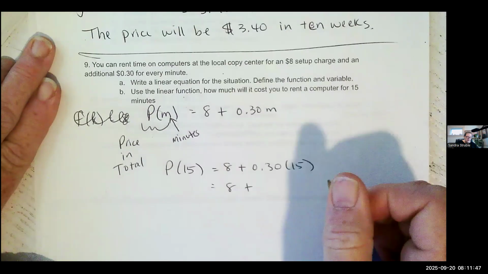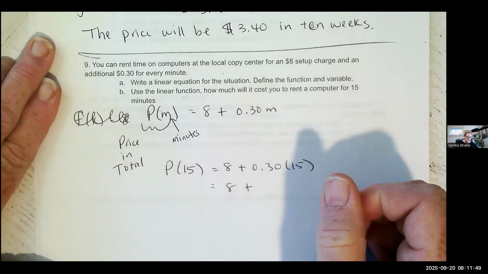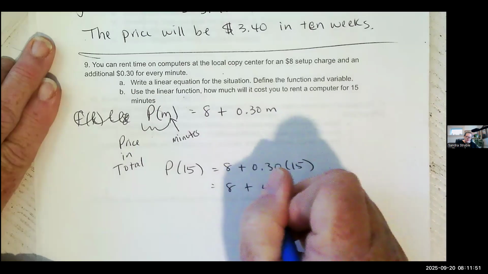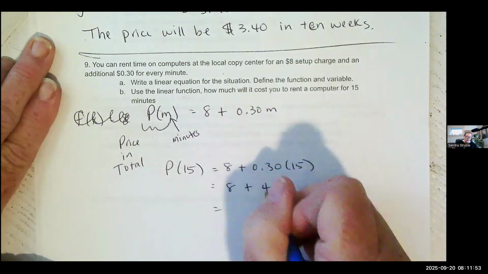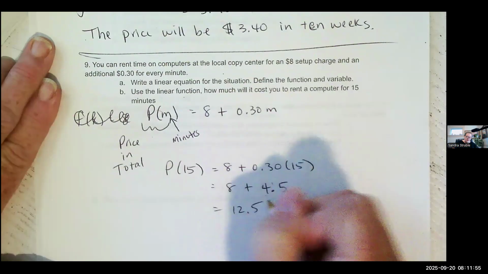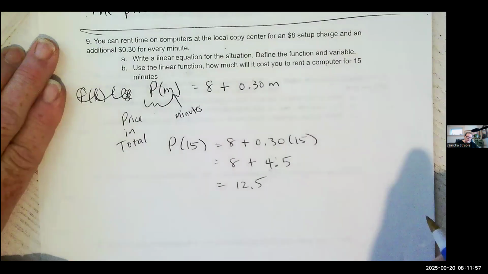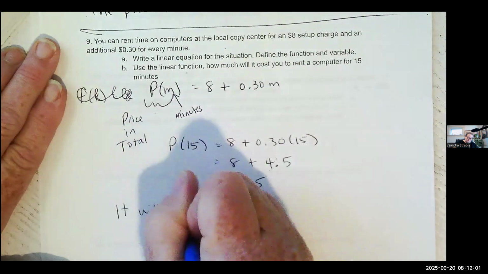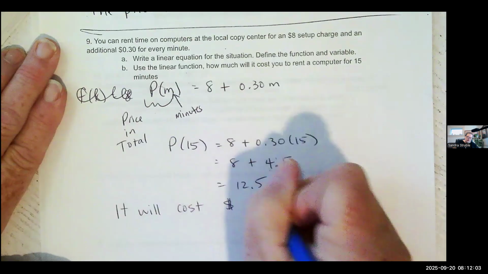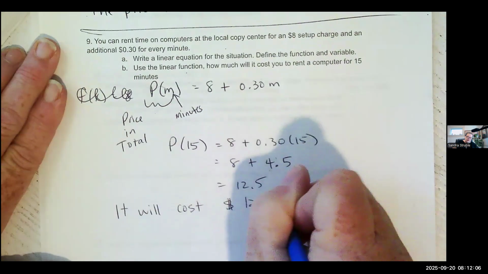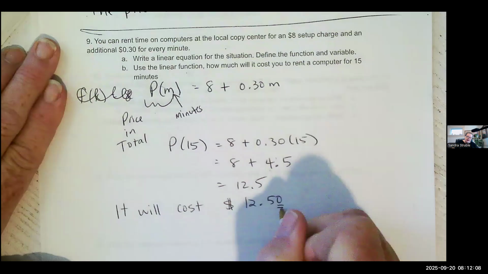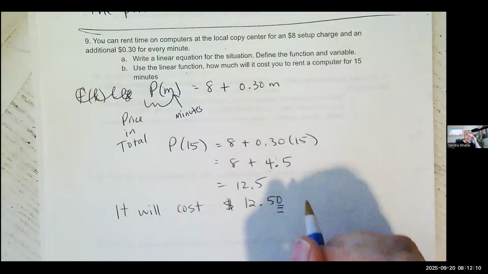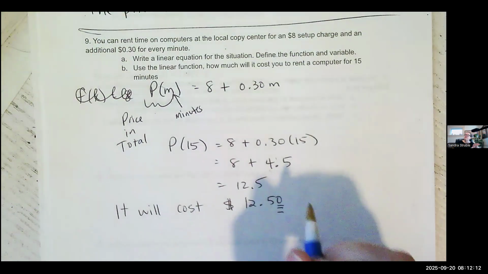30 cents times 15 is 450, isn't it? 4.5. 8, 9, 10, 11, 12, 12.5. So to write the answer, it will cost, don't forget your dollar sign, $12.50. Do not forget to add that last zero. You should always go to the hundredths place for American money.